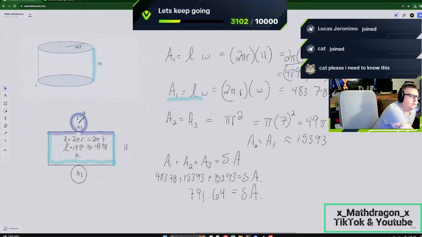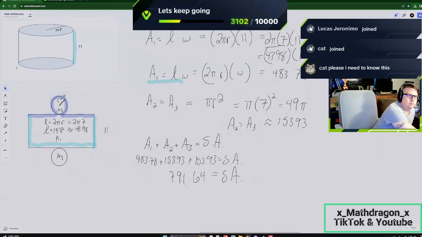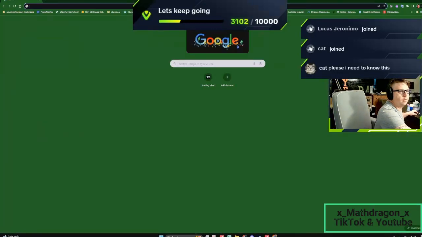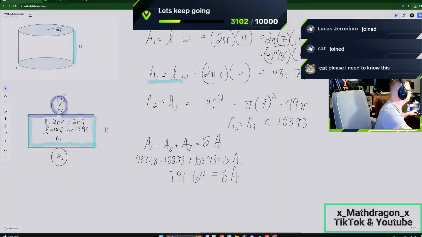Because we did a little surface area here. Let me keep commenting. I'm gonna try and open up something over here that I think can help you out as well.